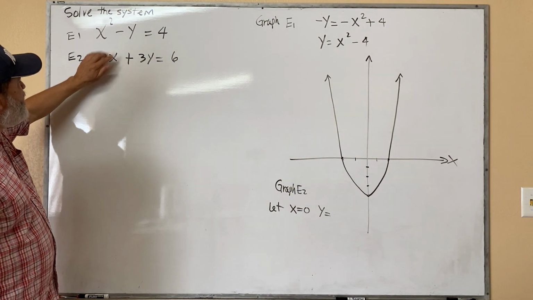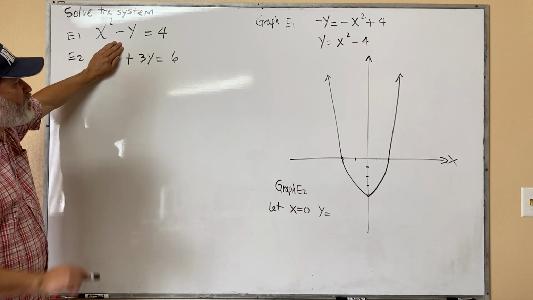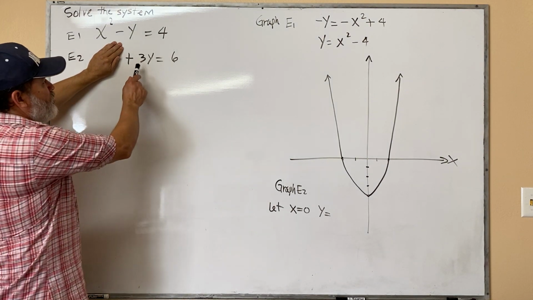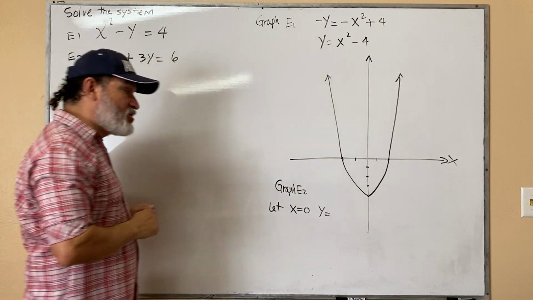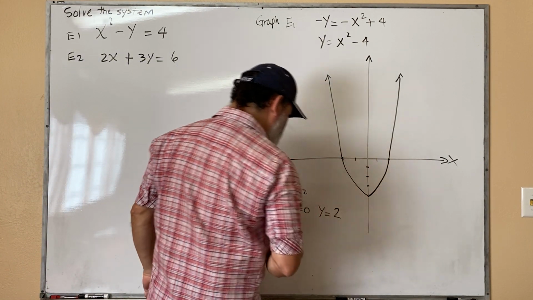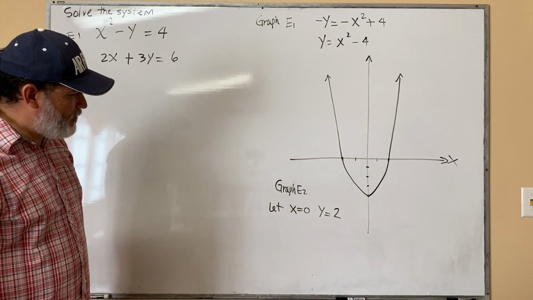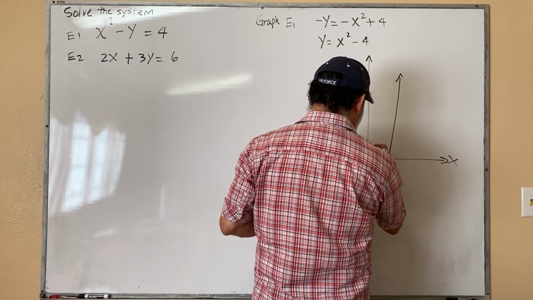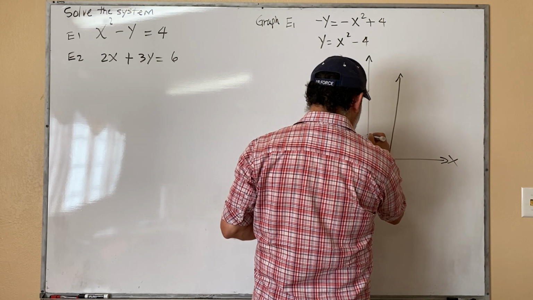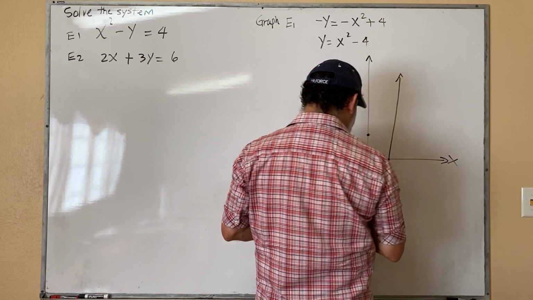Okay, when x is 0, this is gone. What is y? Y is 6 divided by 2, which is 2. Y is 2. We got a point. X is 0, y is 2. Right there.